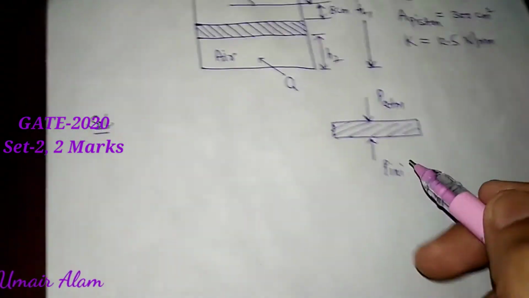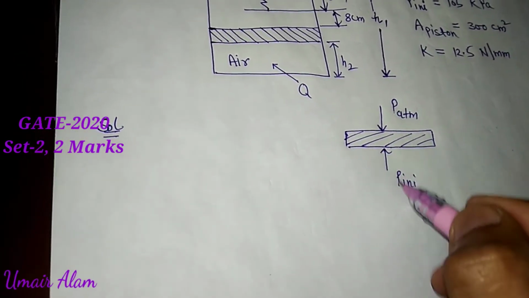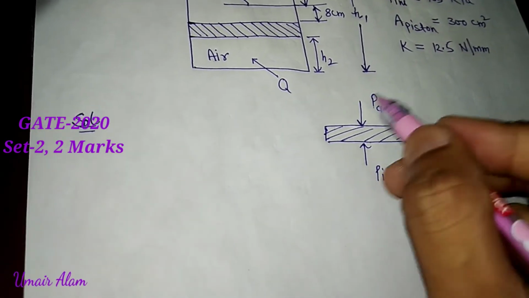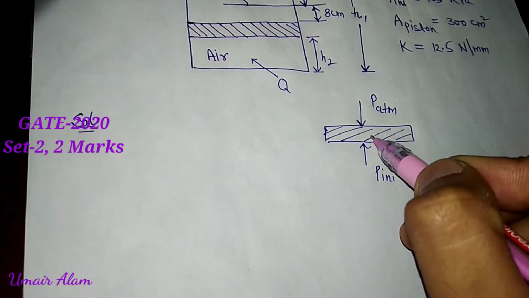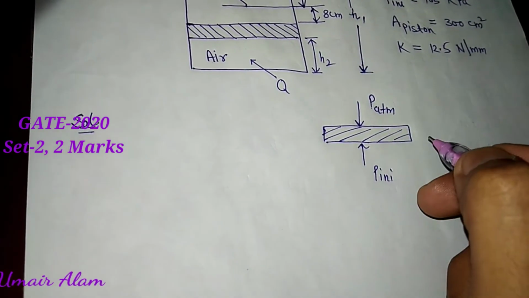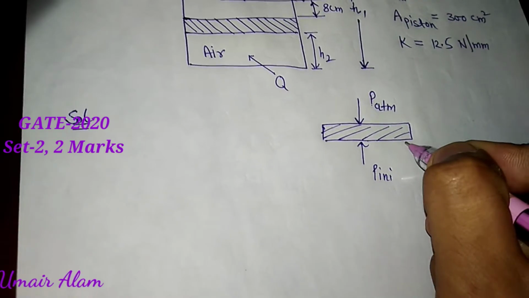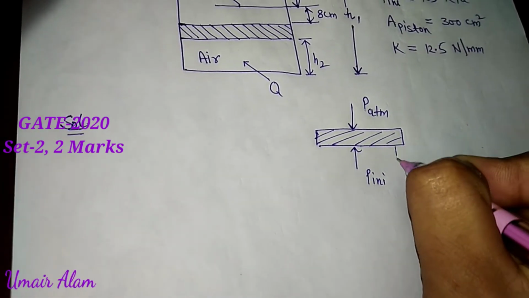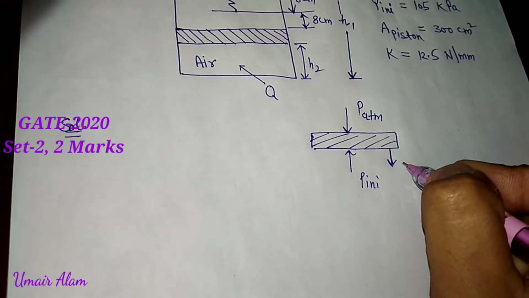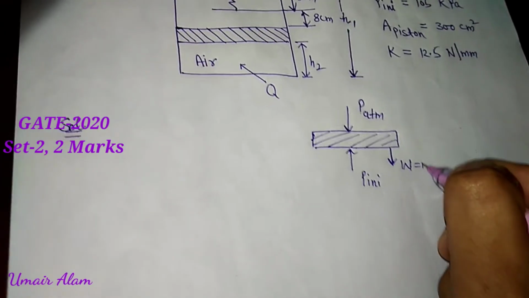This is the pressure of air on the piston, and this is the atmospheric pressure acting in the downward direction. One force will be due to the weight of the piston, which will be equal to mg.